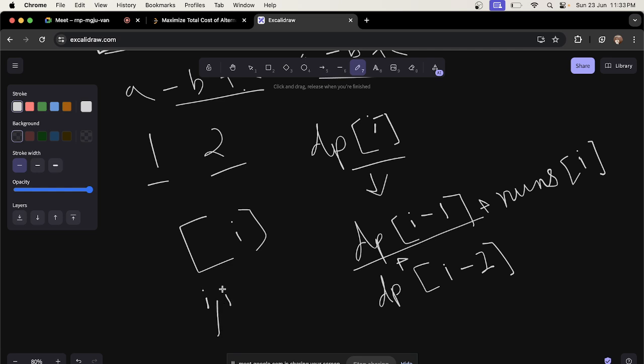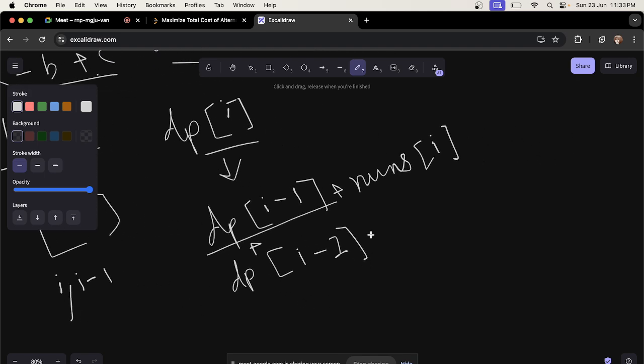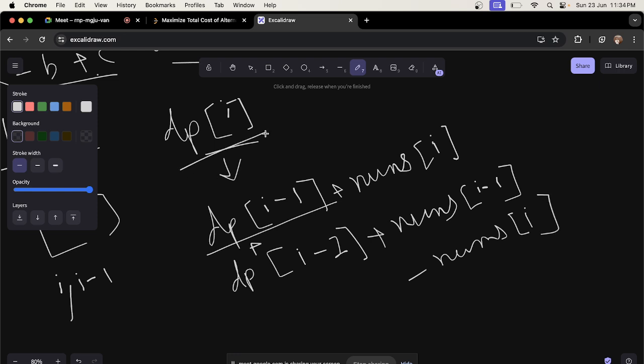For length 2, the value will be nums[i-1] minus nums[i]. And the answer will be simply dp[n], where we have considered all the elements.